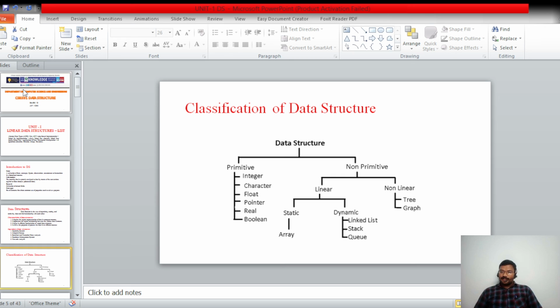Once the memory size is declared, we cannot change it during runtime, whereas in a dynamic data structure we can change the memory size during runtime. An example of a static linear data structure is arrays, and examples of dynamic linear data structures are linked list, stack, and queue. Examples of non-linear data structures are trees and graphs.